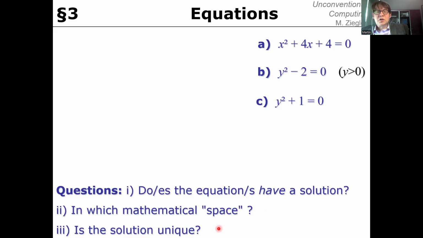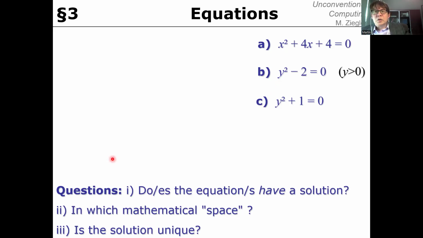So the solution is not unique, and we cannot even make it unique. We cannot impose such a condition like this here. This is fundamentally impossible. You may learn about this in complex function theory. So these are three examples about the three questions that every mathematician asks when seeing any kind of equation.